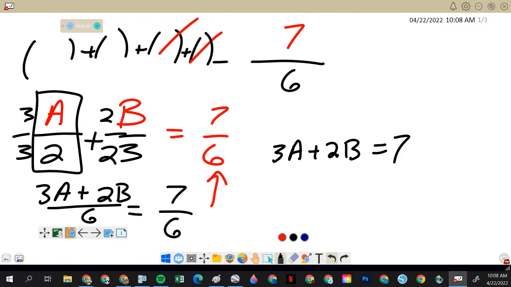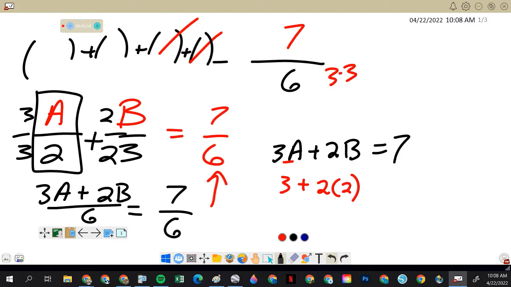Can you think of a way to make a 7 with a 3 and a 2? How could you make 7 with a 3 and a 2? So you could do 1 times 3, and a pair of 2s. That would make 7. Okay, are there any other numbers that would work? Let's try, if I times this by 3, so 3 times 3 is 9.